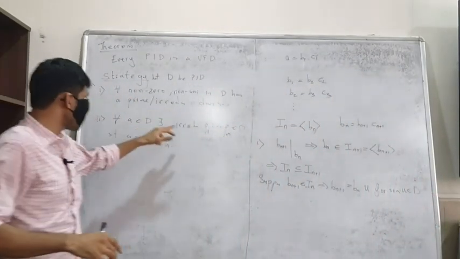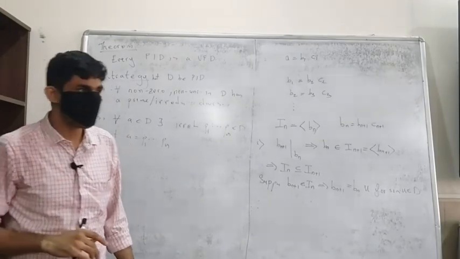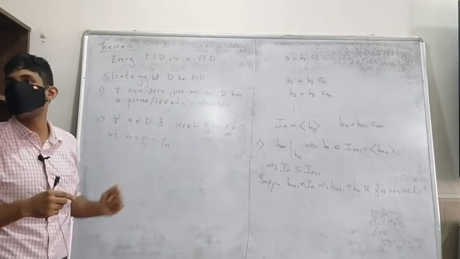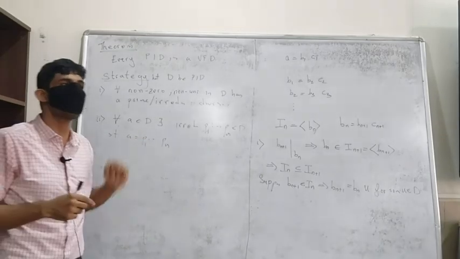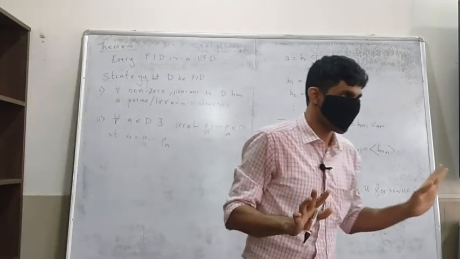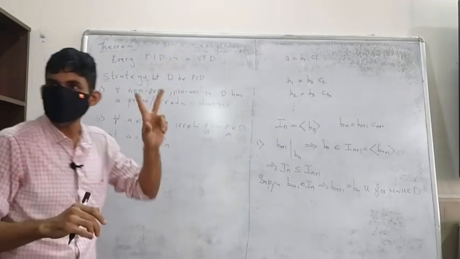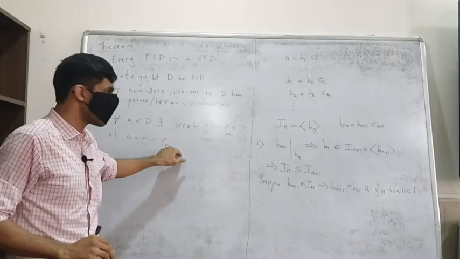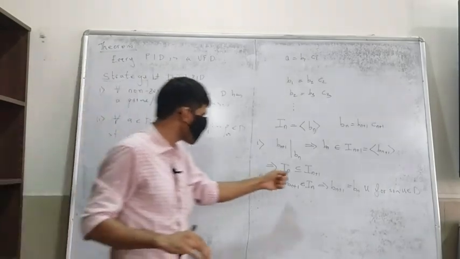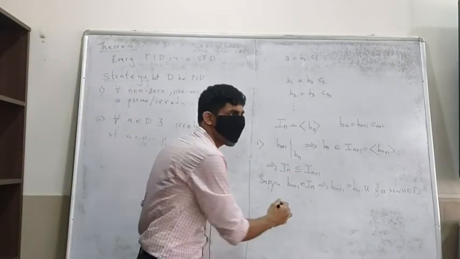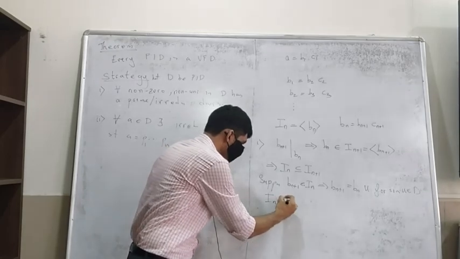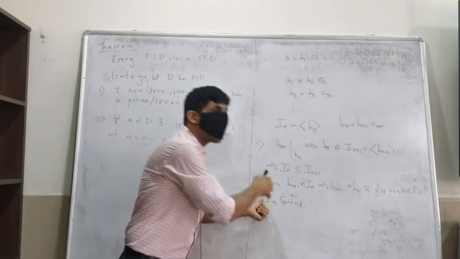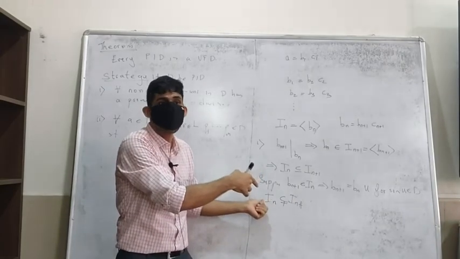The next thing is we need to show that this happens. So suppose we cannot write A as a product of irreducibles. So that's the second part. I'm going by contradiction again. I hope everyone has understood why there is a contradiction here, because here In is a proper subset of In plus 1, but this is an infinite sequence of irreducibles.